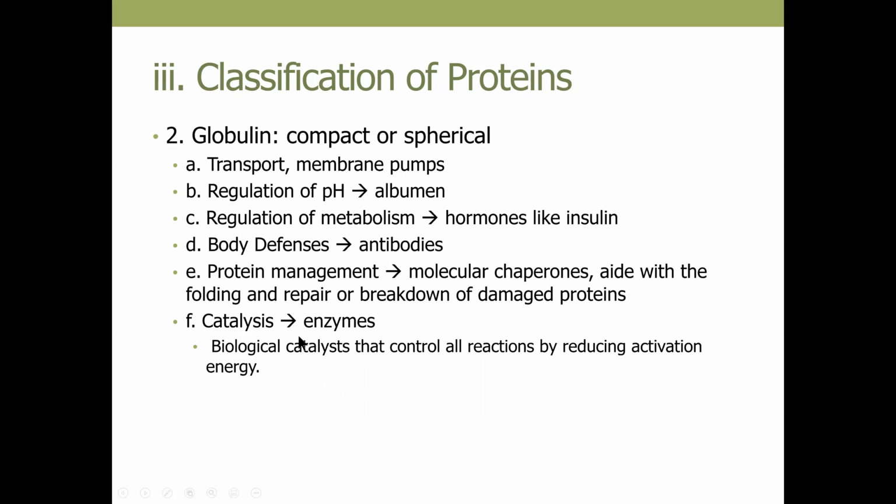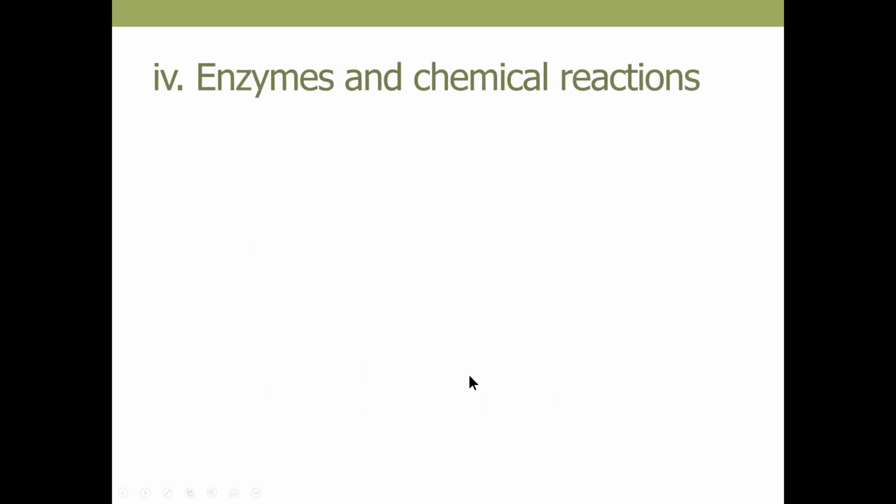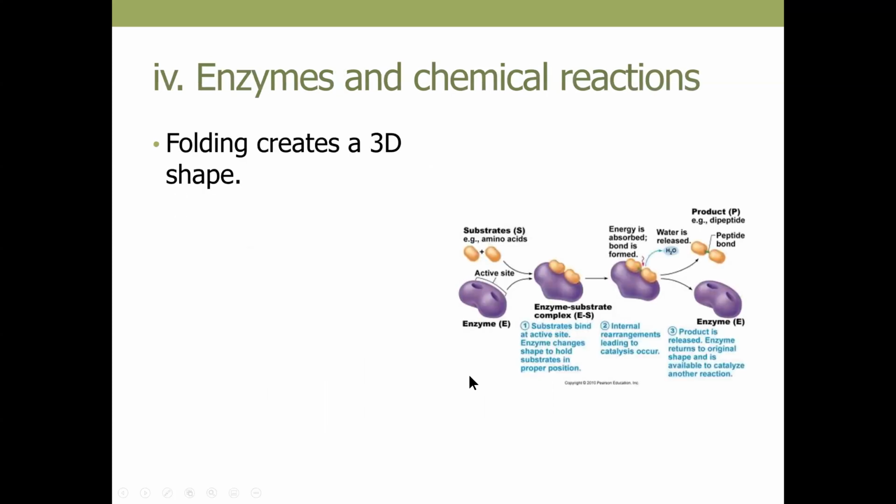And then we have catalysts, enzymes, that control all reactions by reducing the activation energy. This is an enzyme here. These are two molecules that are going to try to interact with the enzyme. These molecules have a certain configuration and they fit into the enzyme.